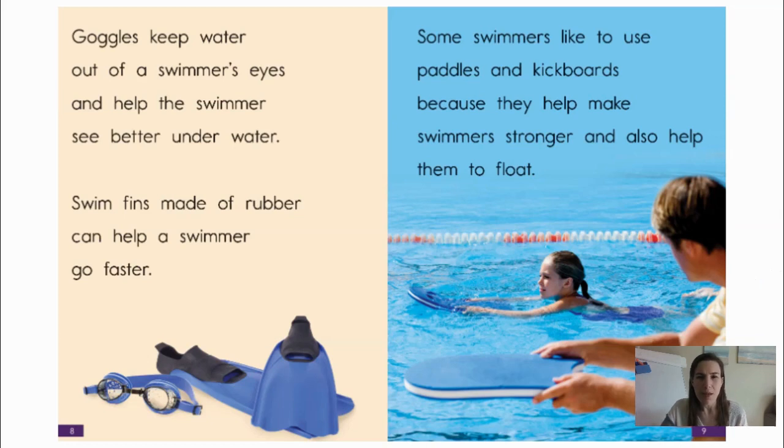Now I'm going to stop and think about what words I saw over and over again on this page. I saw the word help a lot on these pages. Look, I see it 4 different times. So now I'm thinking about that word help and what the author wanted to teach me about swimming by using that word help over and over again.